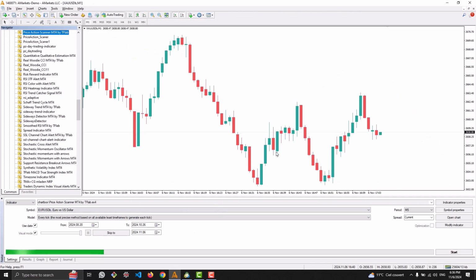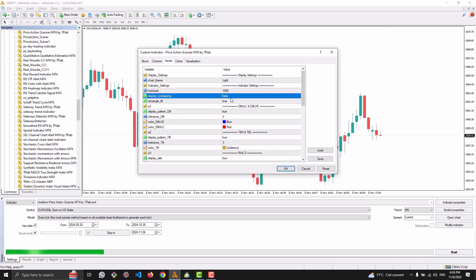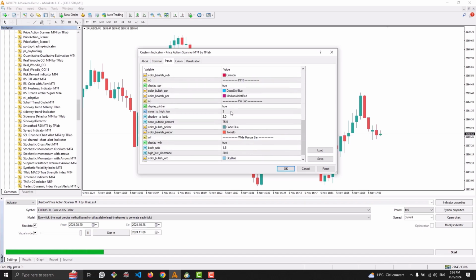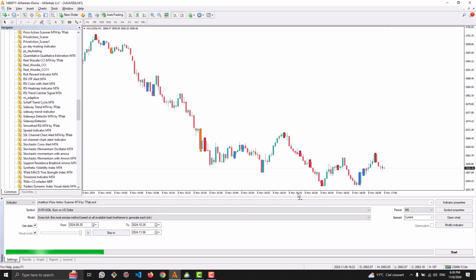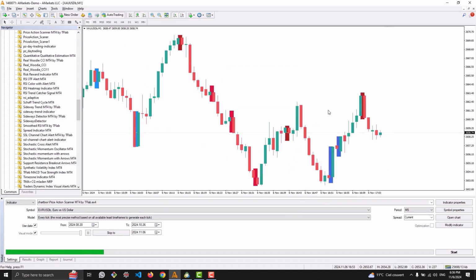You can also use the MT4 version of this indicator on the MetaTrader 4 platform with the same settings I have provided. We'll test this indicator live on the MetaTrader 4 platform together.